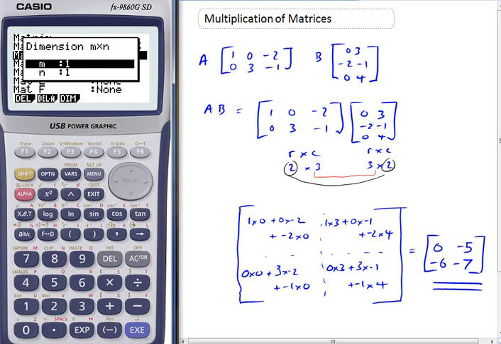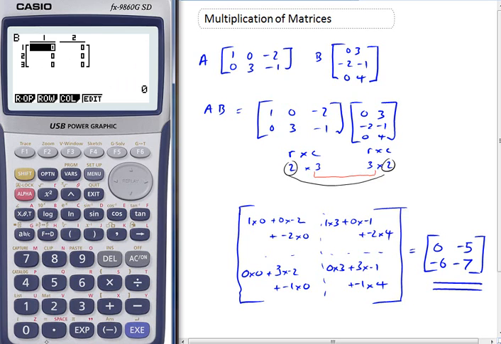So we'll do that, execute, and that's going to be a 3 by 2 matrix. And again, the calculator's ready to receive the numbers, so that's going to be 0, 3, minus 2, minus 1, 0, and 4.